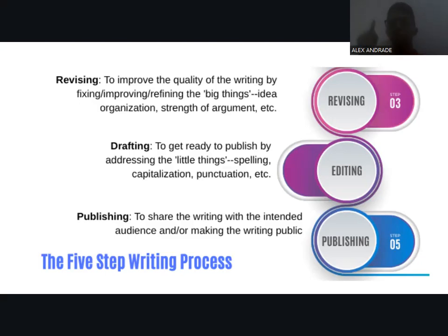For example, the spelling, the capitalization, and the punctuation. Spelling, la manera como escribimos las palabras, si tienen doble consonante, si empiezan con H, si no empiezan con H. Capitalization, si es una A mayúscula o si es una A minúscula.